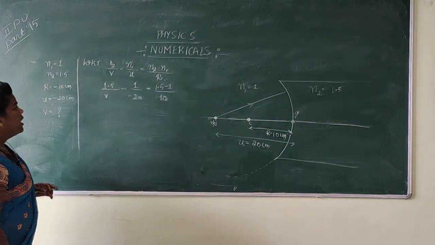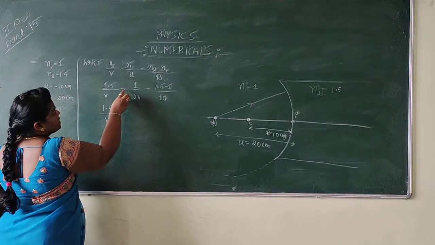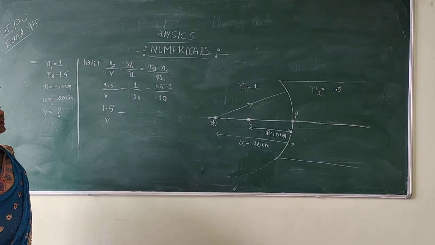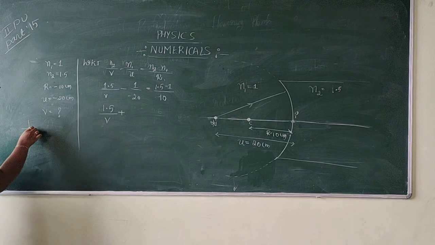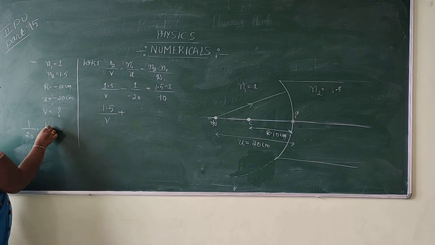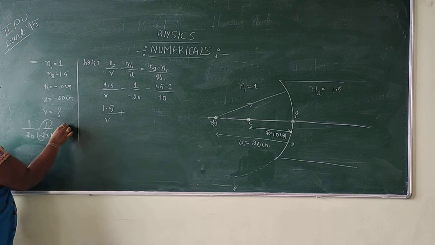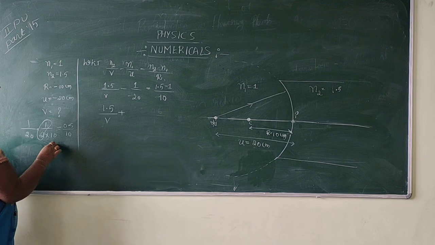Now here it is 1.5 divided by v, minus into minus becomes plus 1/20. As I taught, 1/20 can be written as 1/(2 into 10). 1/2 is 0.5, divided by 10, so 0.5/10 is 0.05.